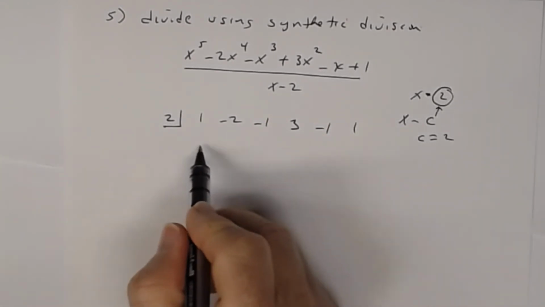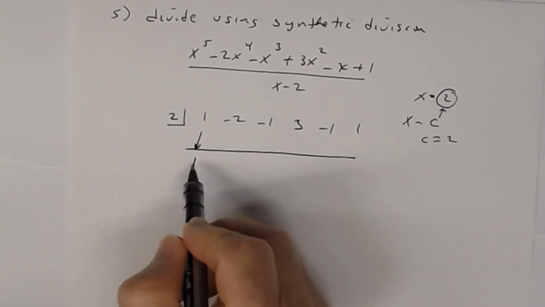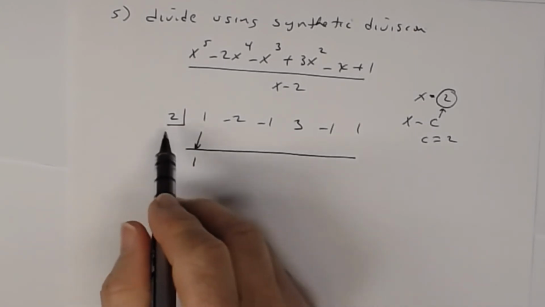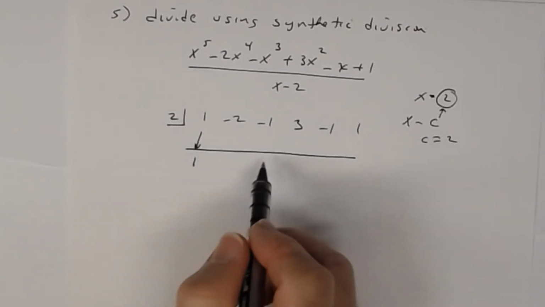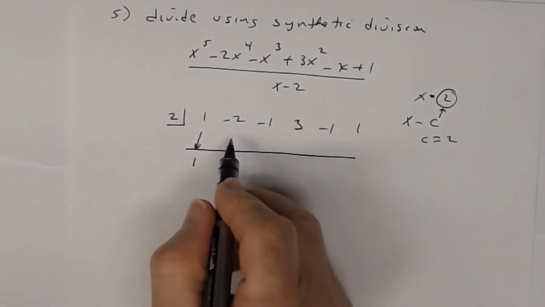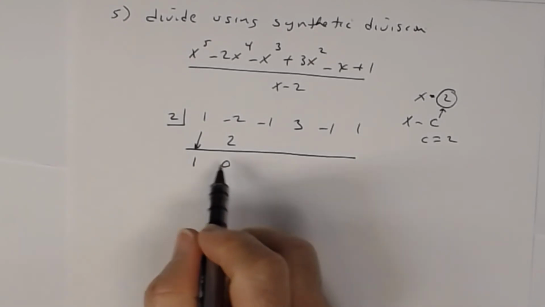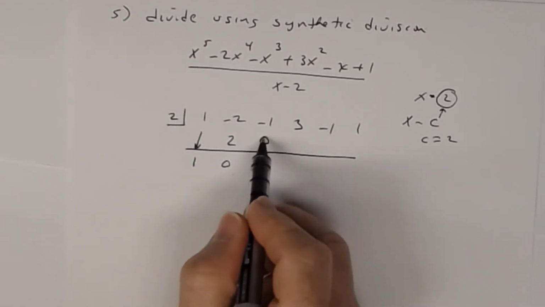All right? So then you're going to draw your line. You're going to bring down your leading coefficient. And then you can do the process of multiplying, adding. Okay? So 2 times 1 is positive 2. Then we add 0. 2 times 0 is 0.